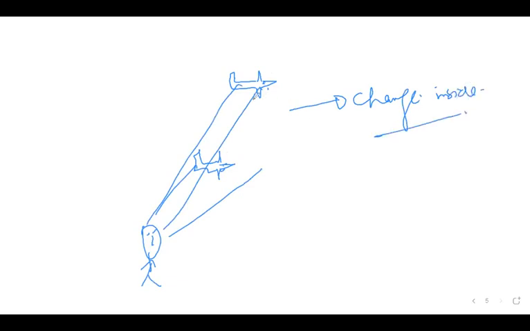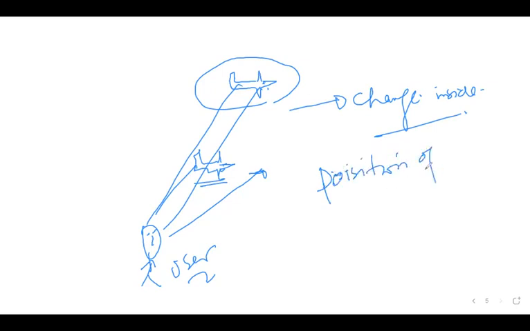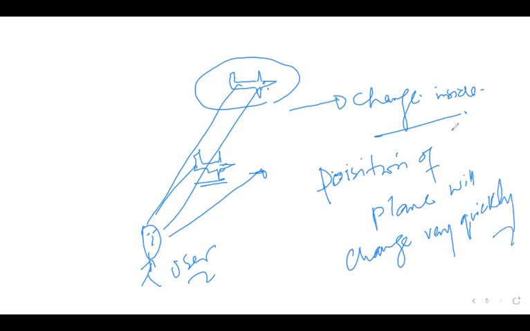The position of this plane with respect to this user or this human doesn't change very quickly as compared to a plane which is closer. When it is close, the position of the plane will change very quickly. So it is very important to know about this distance effect.